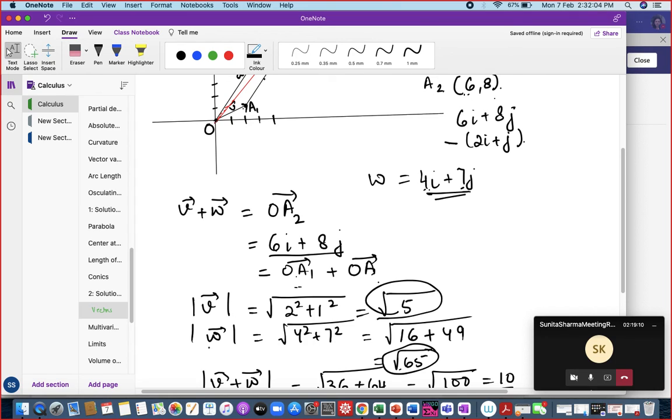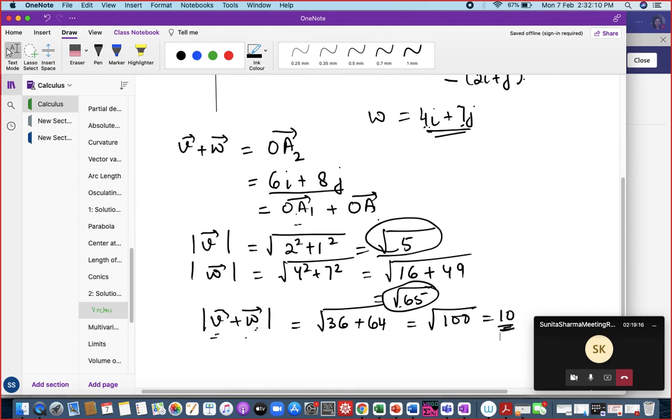It is not a simple physical quantity which you are adding, it is a vector quantity. So the magnitude is not going to be simply the sum of the magnitudes of these two quantities. Okay, so is all this clear? Yes, ma'am. Okay.